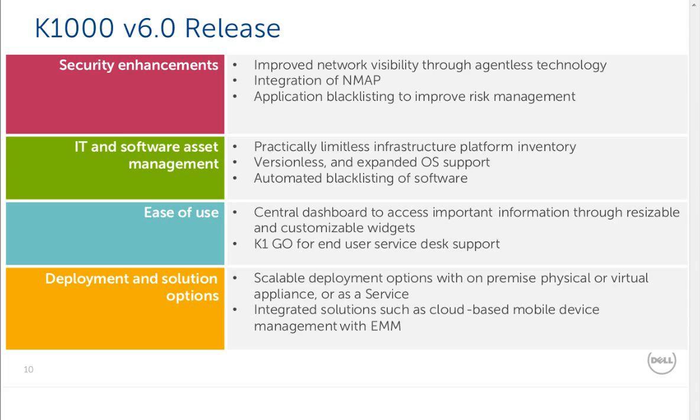So if you're looking at scaling your K1000 out to manage BYOX devices, you have pretty much got that in your organization already. You just need to add in a few modules. And then we are moving to 3 different types of deployment options: physical, virtual, and as a service with K1000. So if you're looking to move from CapEx to OpEx, we've got that now available for you.